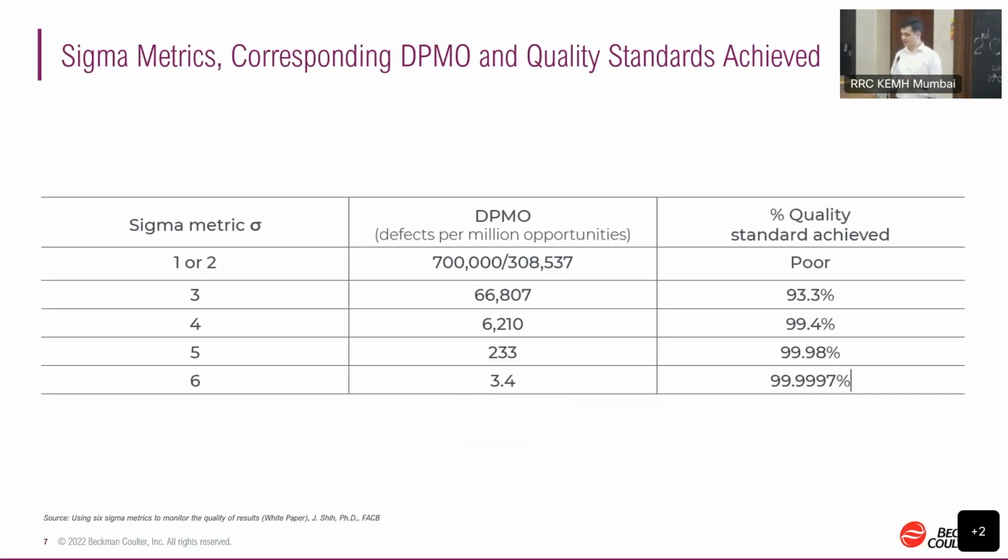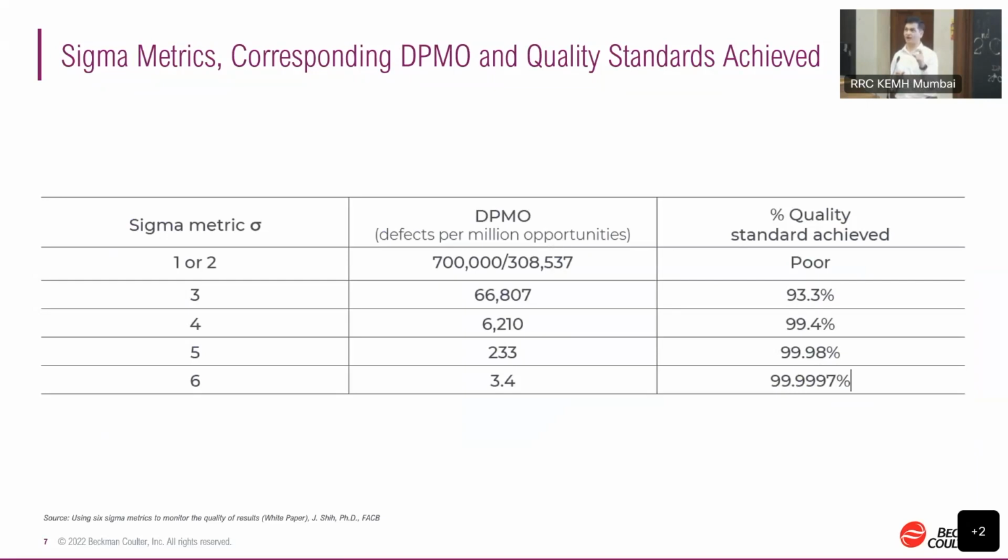So here you can see in this table, on the left-hand side, the sigma metric. You must have heard of 6 sigma, 5 sigma, 4 sigma, 3 sigma, and less. Then the second column translates to the corresponding defects per million. Let's say, for example, 6 sigma. That means 3.4 errors per million.